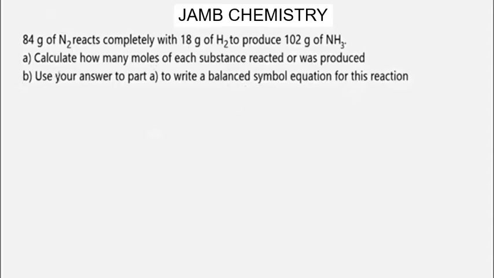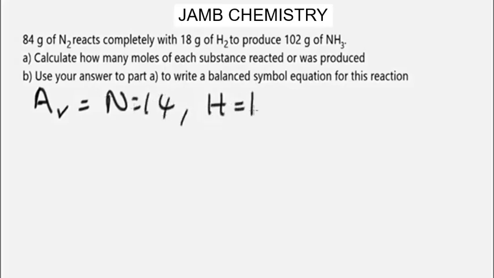Now let's say we are given the relative atomic mass of the elements to be that of nitrogen 14, and that of hydrogen 1. Feel free to pause this video and see if you can figure this out using the procedure we used in the previous example.